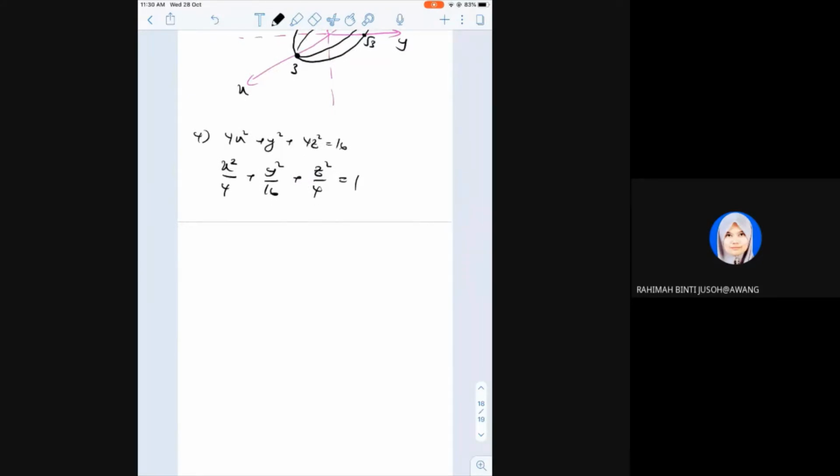So dia akan jadi X, Y and Z. Panjang ke arah Y. Okay, so dia simple lah ya. Dia senang sikit lah. So dia macam ni. You buat tengah dulu.